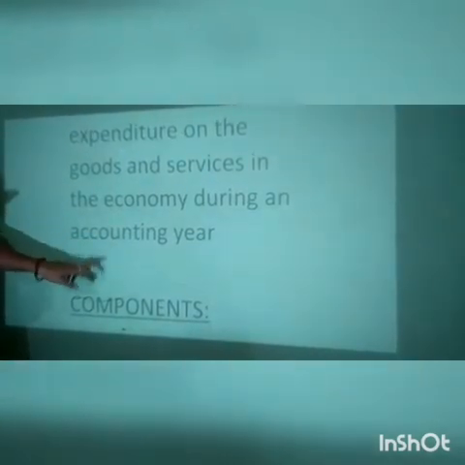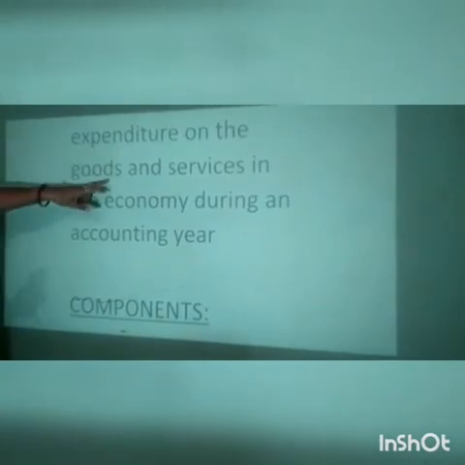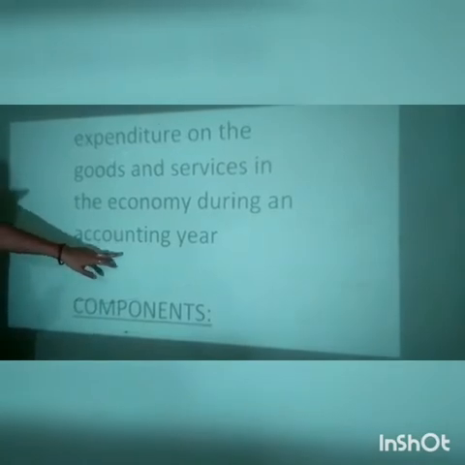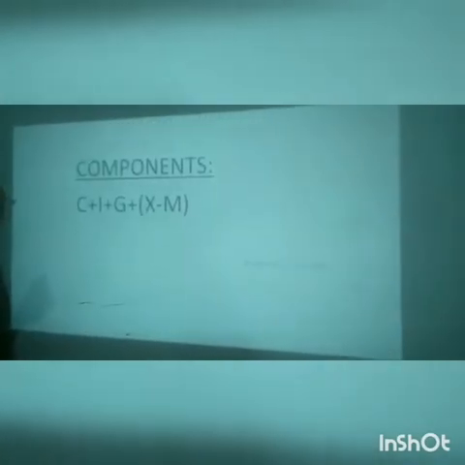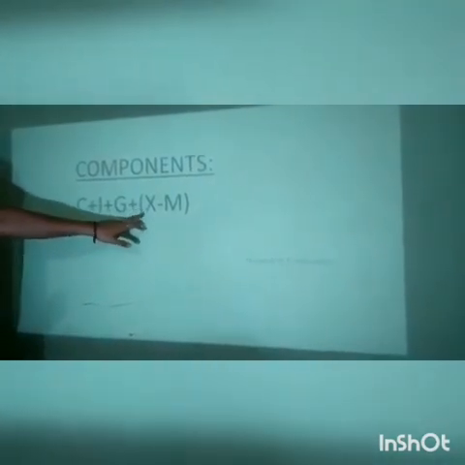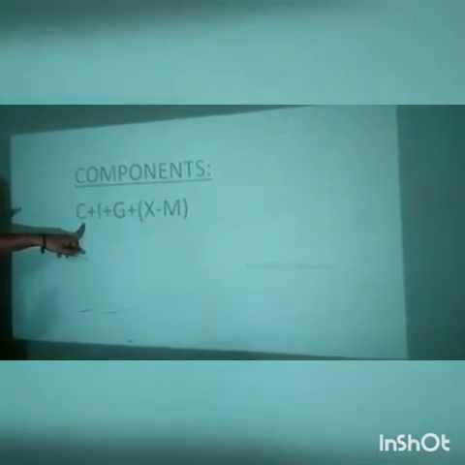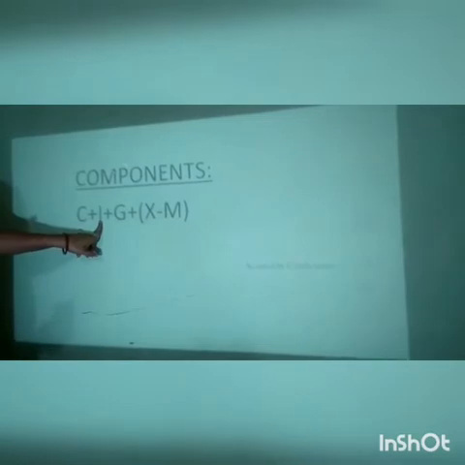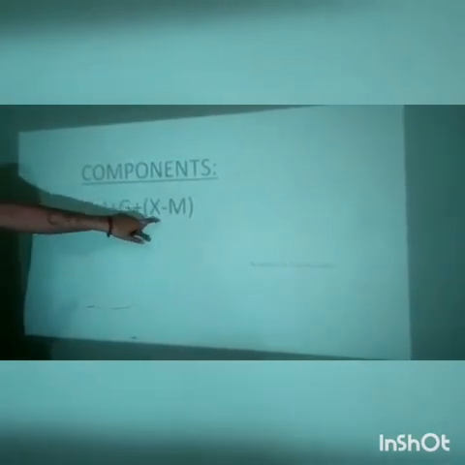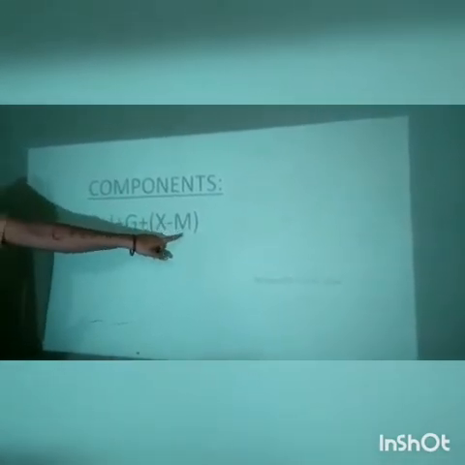Means whenever we need to measure aggregate demand, we are measuring the planned expenditure on goods and services in the economy during the accounting year, and its main components are C plus I plus G plus X minus M, wherein C represents consumption expenditure, I represents investment expenditure, G represents government expenditure, and X minus M represents net export, where X is export and M is import.